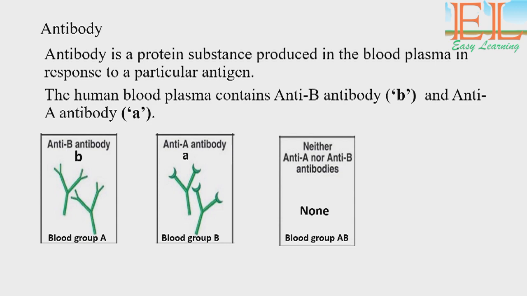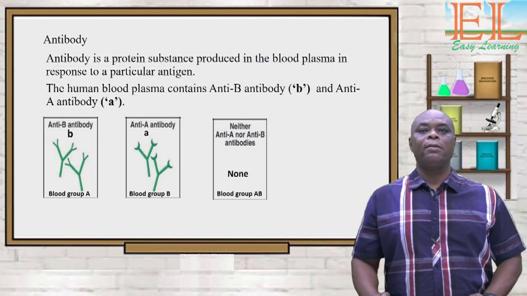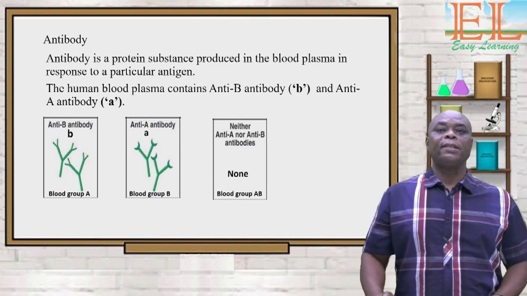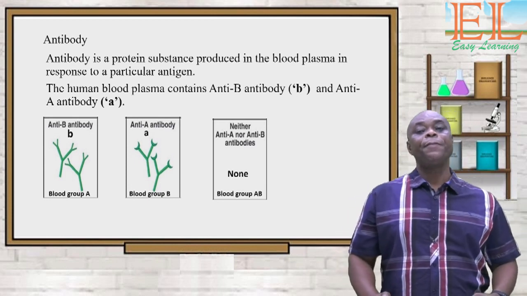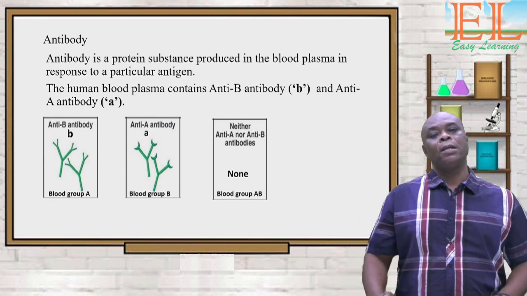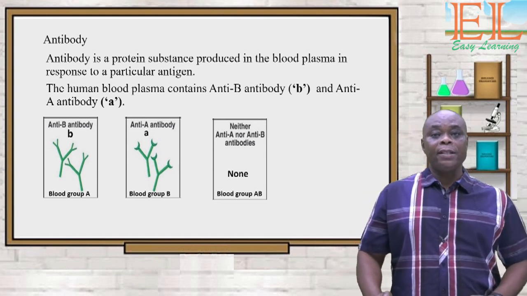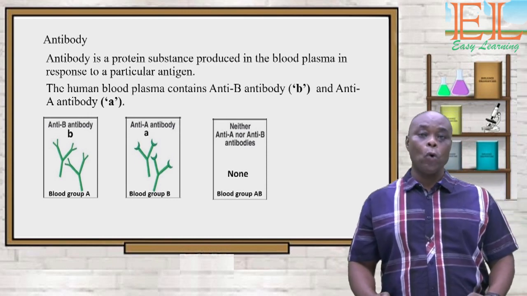The reason being, if there is antibody A, then the antigen A will conflict with it, and hence there will be a problem. Again, if there is antibody B, then the antigen B will conflict with it and there will be a problem.